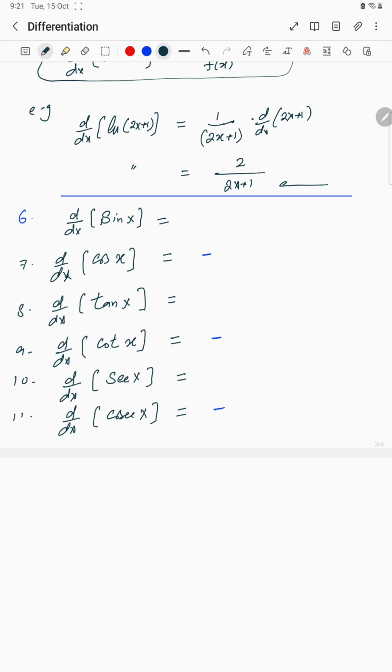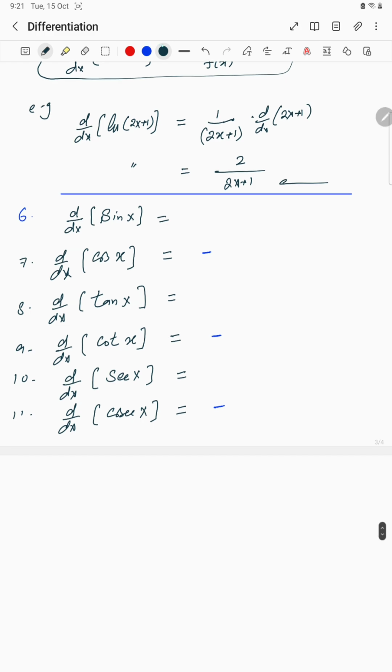You must know this: those starting with c must have a negative sign when you differentiate them. The rule says the derivative of sine theta is cosine theta times the derivative of theta with respect to x. Theta is x here, so that goes, but you need to know this.